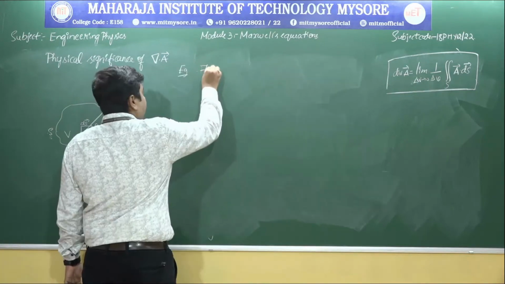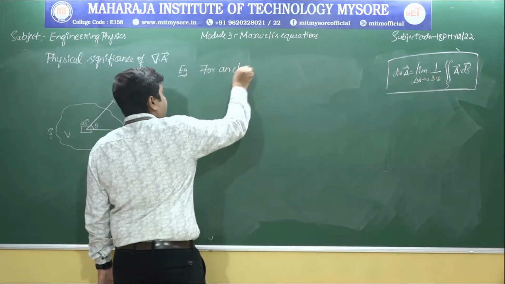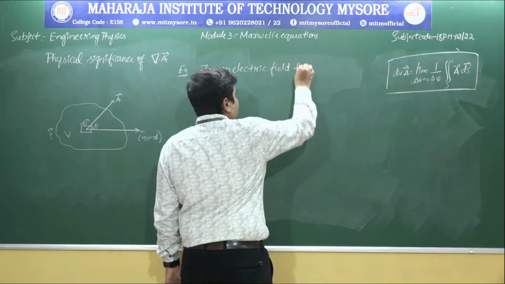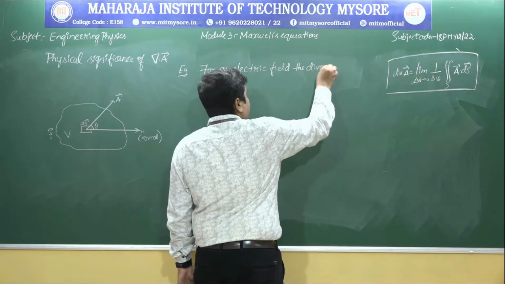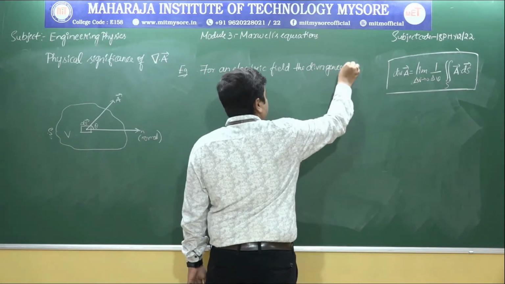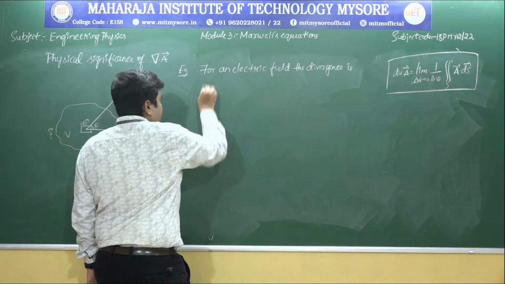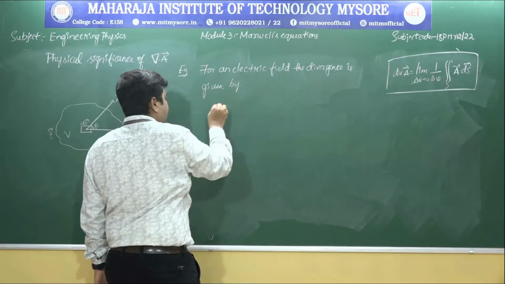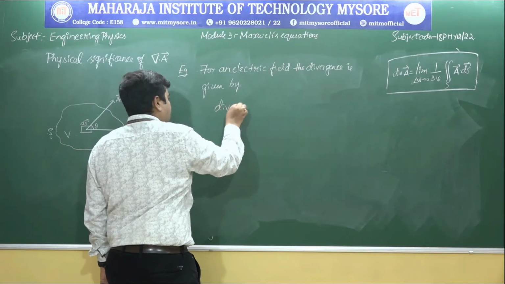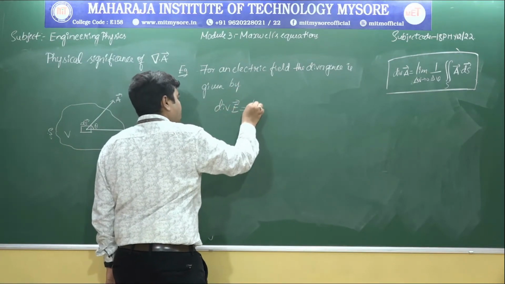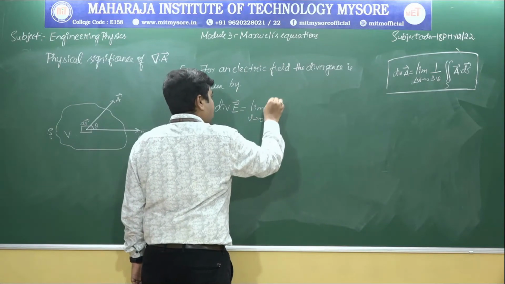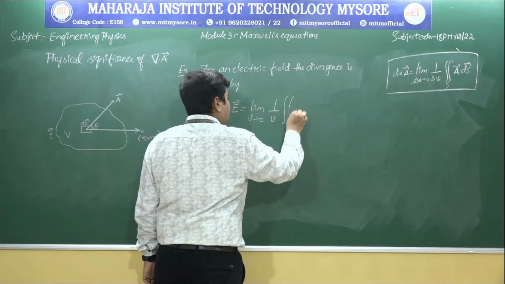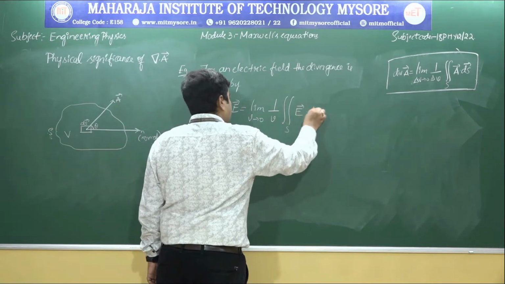For an electric field, the divergence is given by div E is equal to the limit volume tends to 0 of 1 by V double integral over S of E dot ds.